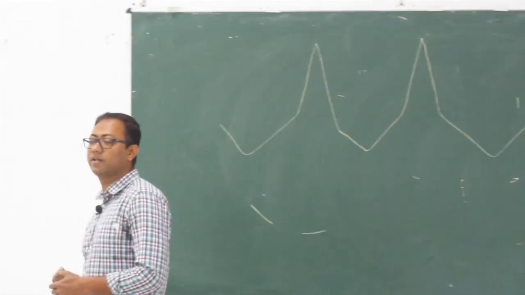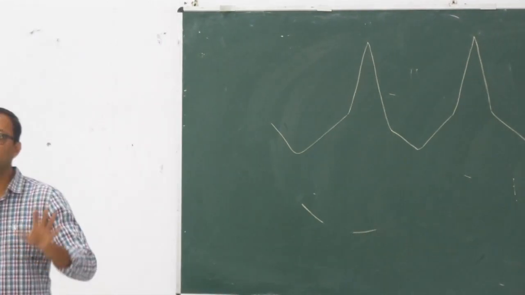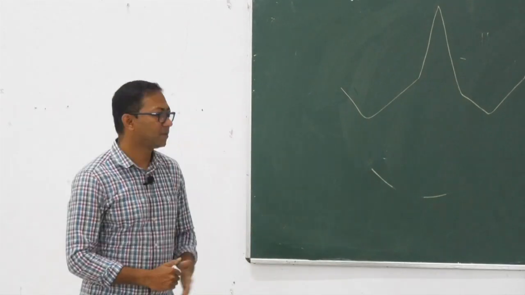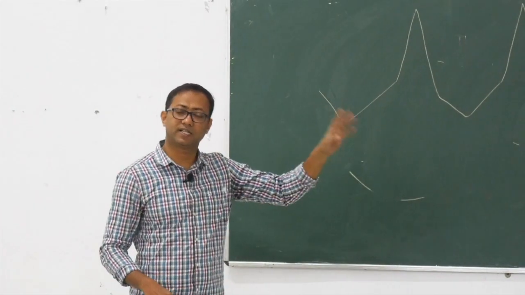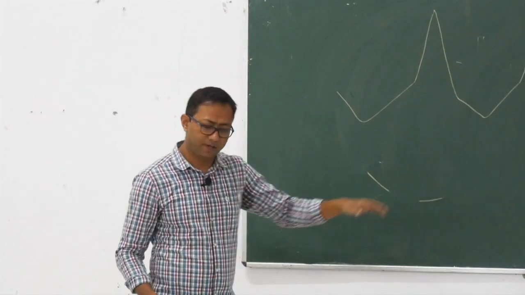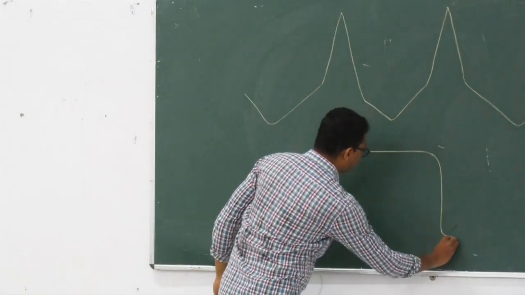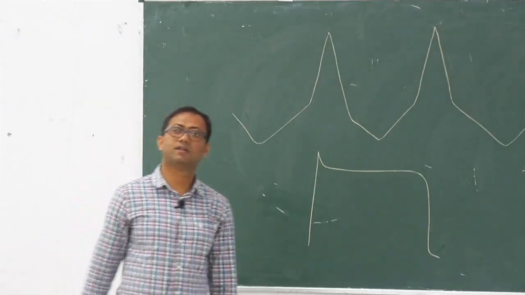Fast response action potential happens in normal myocardial cells, other than the conductive tissues.